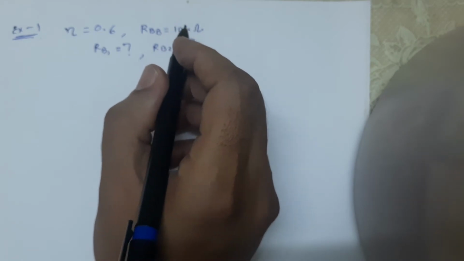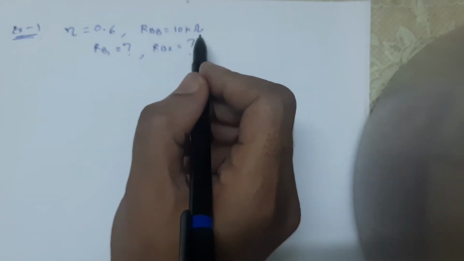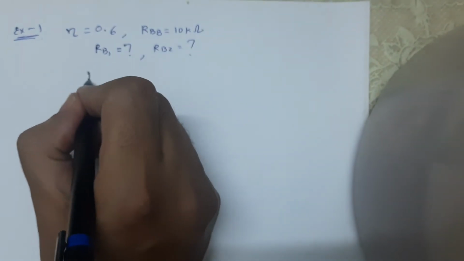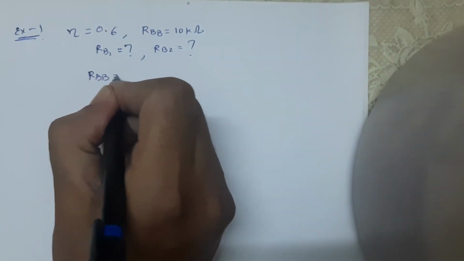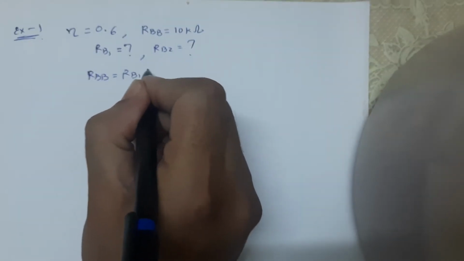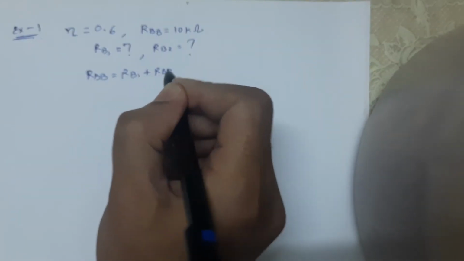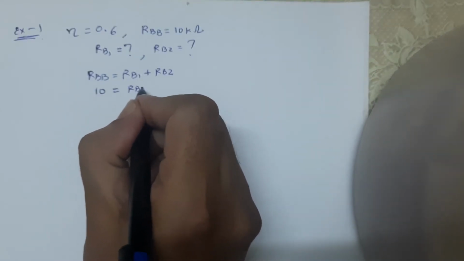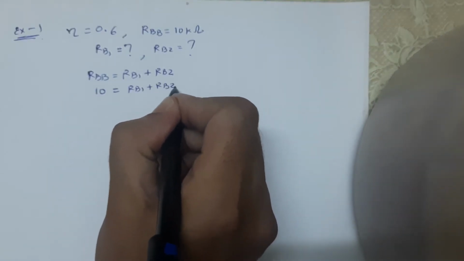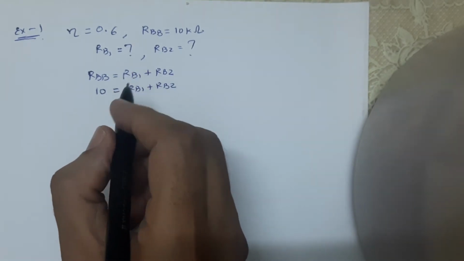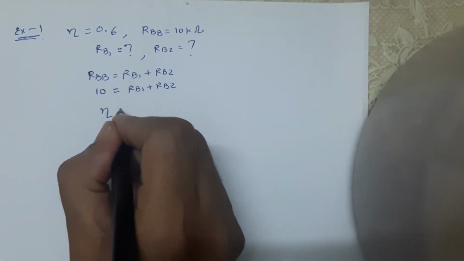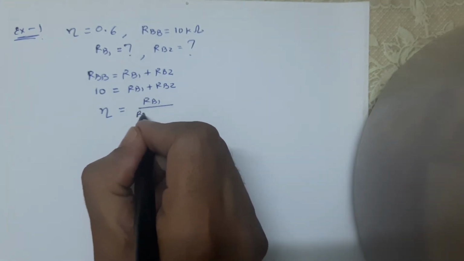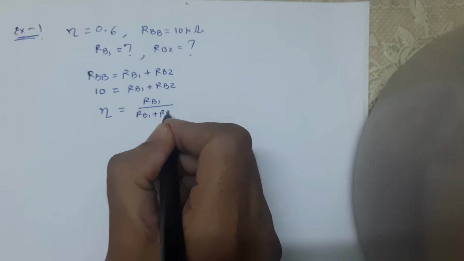So we know that RBB is equal to 10 kilo ohm, eta is equal to 0.6. Now we know that RBB is equal to RB1 plus RB2. That means 10 is equal to RB1 plus RB2. But eta, the intrinsic standoff ratio, is equal to RB1 upon RB1 plus RB2.